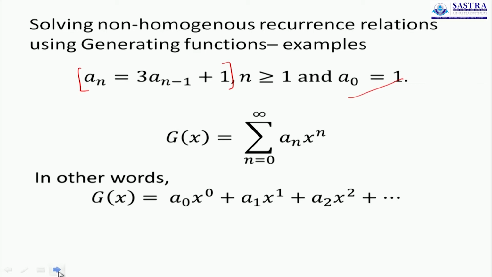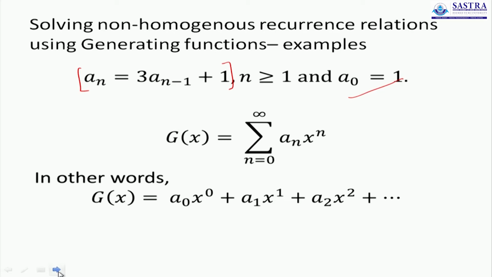So the g of x, which I will call the solution to the given recurrence relation, can be formulated in this form. It is just a_n x^n, where a subscript n denotes the coefficients, which denote the terms of the sequence we are trying to generate, and x^n is just going to represent the powers of x in the definition of the generating function.